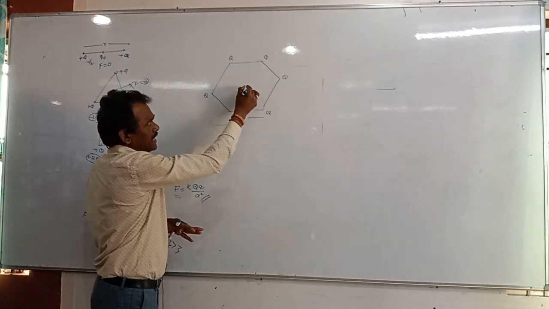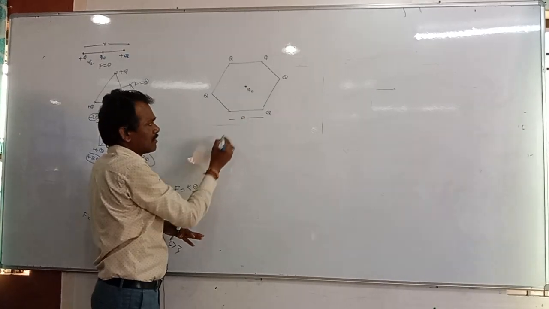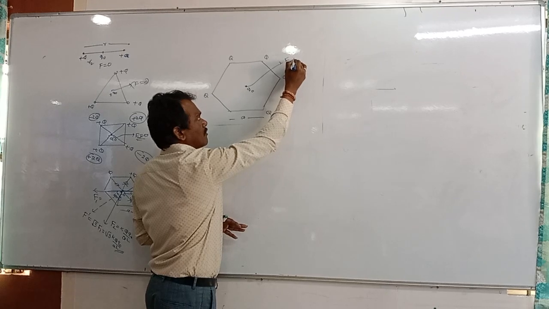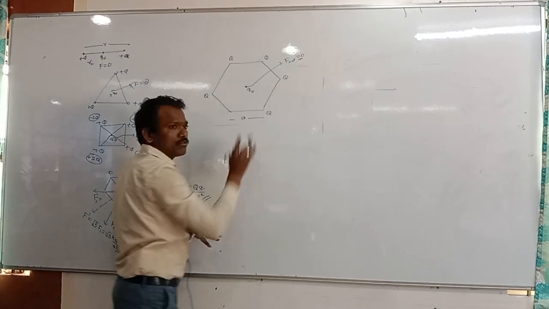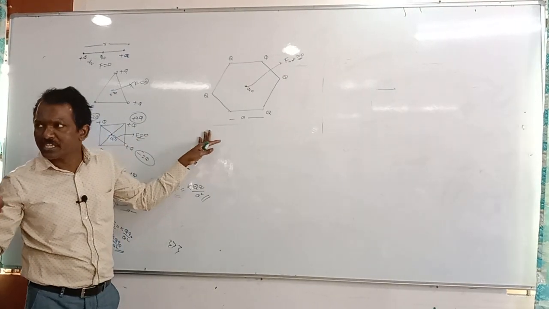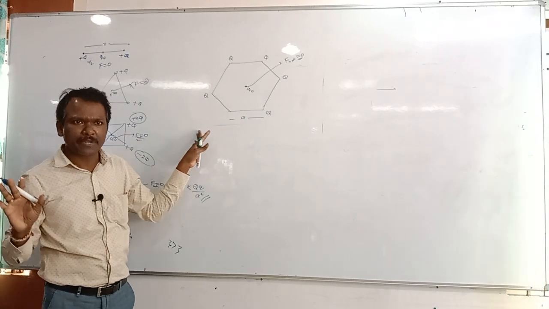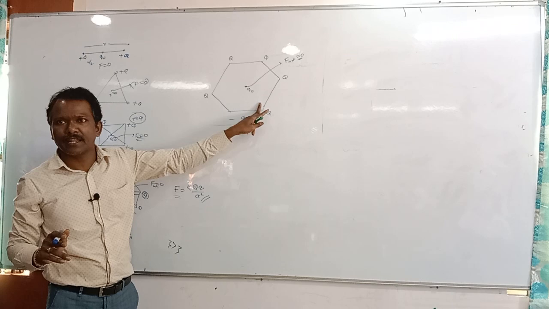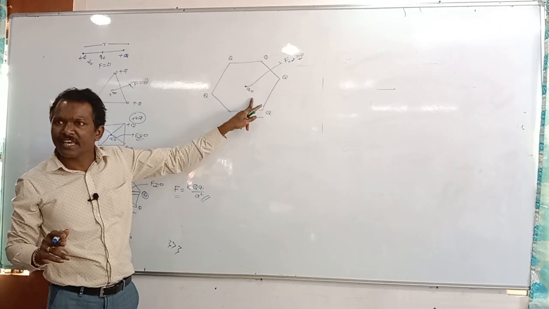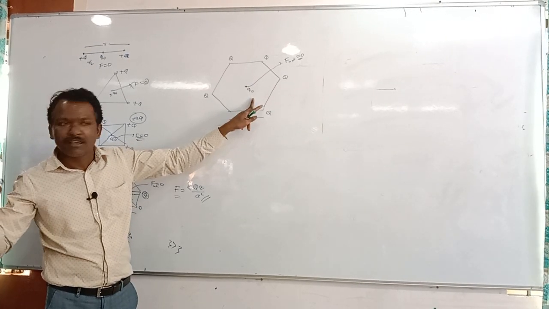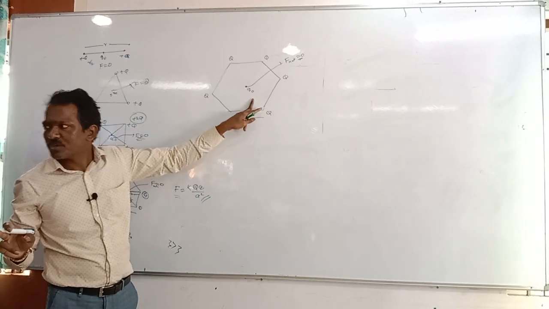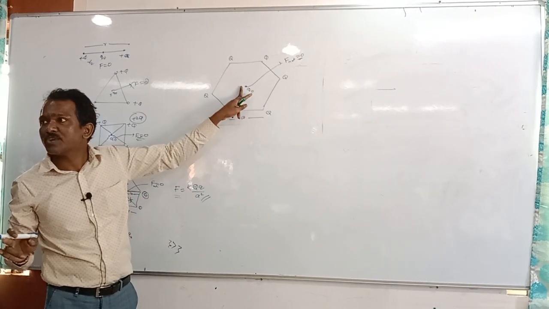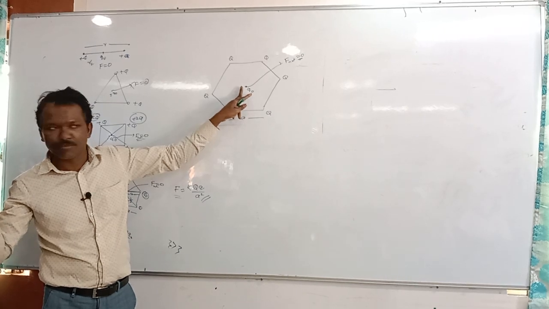Then the force acting on Q naught is 0 if all 6 charges are present, because equal and opposite repulsion forces are there, so the net force is 0.